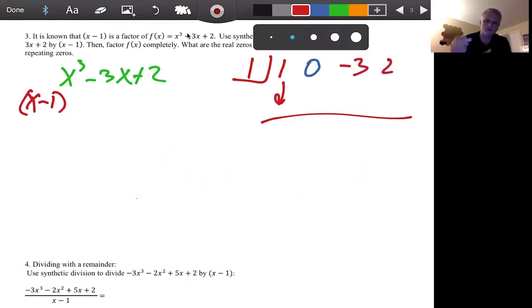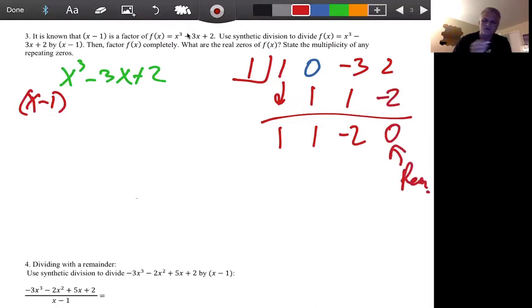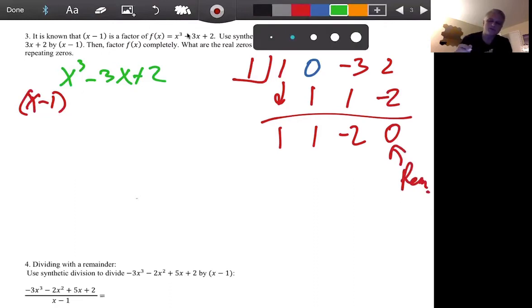Awesome. Okay, now let's do it. Bring the 1 down. 1 times 1, put it right there. Add. 1 times 1, put it right there. Add. 1 times -2, put it right there. And add. And yes, we do have a remainder of 0, which is good. So that tells me it used to be x cubed.